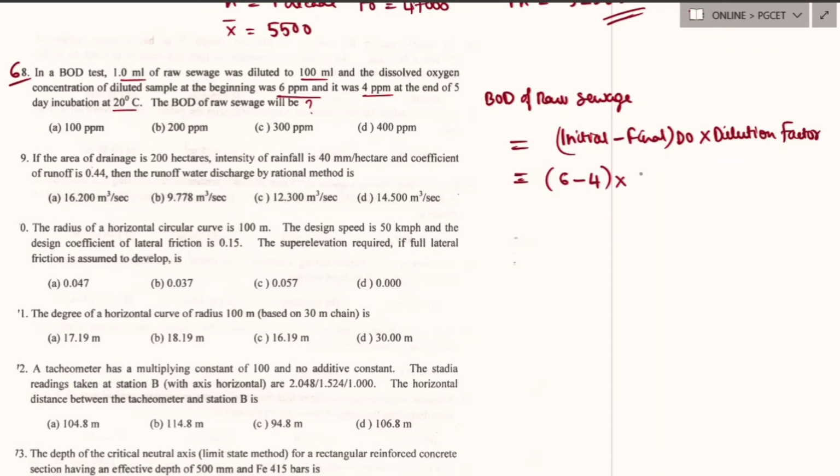So 1 ml of raw sewage is diluted into 100 ml. Therefore, the dilution factor will be 100 divided by 1. If you calculate this, the BOD of the raw sewage will be 200 ppm, that is 200 parts per million. So option B is the right answer.